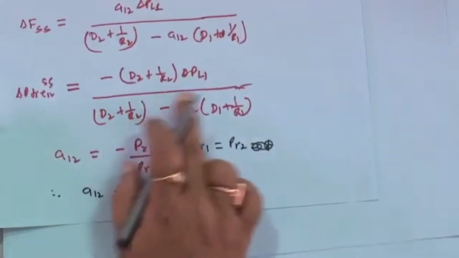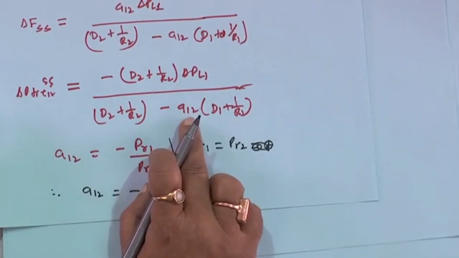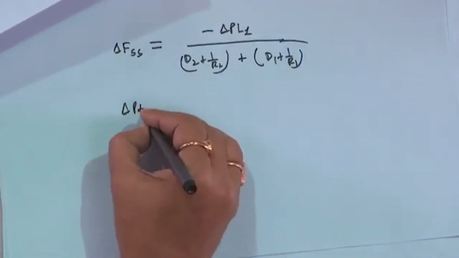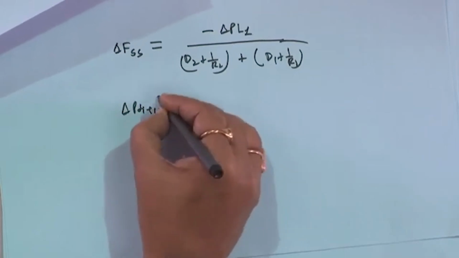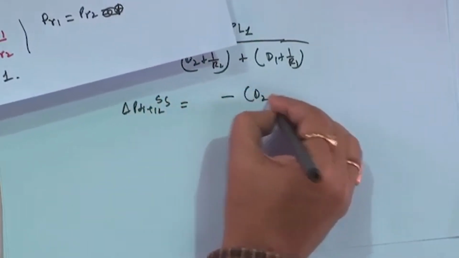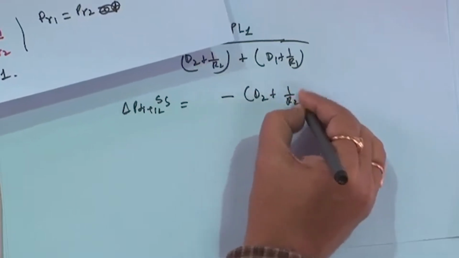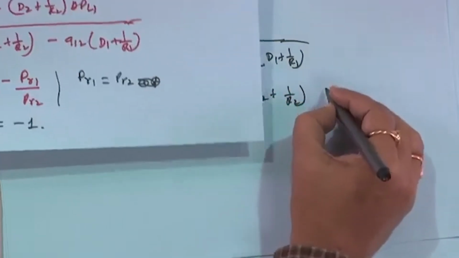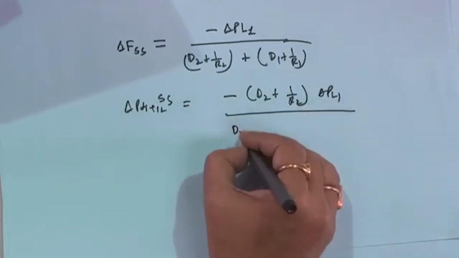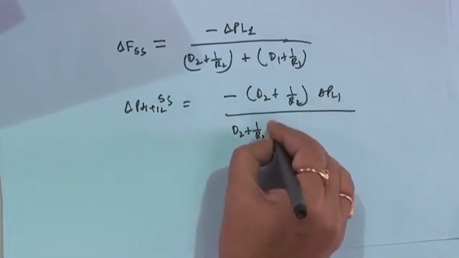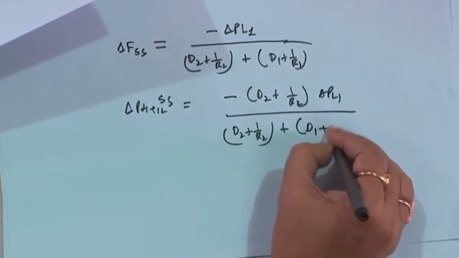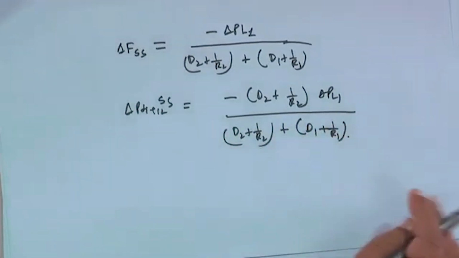Similarly, delta P tie 1-2 steady state, here only it will be minus 1, so it will be plus. Therefore, delta P tie 1-2 steady state is equal to minus D2 plus 1 upon R2, into delta PL1 divided by D2 plus 1 upon R2 plus D1 plus 1 upon R1.